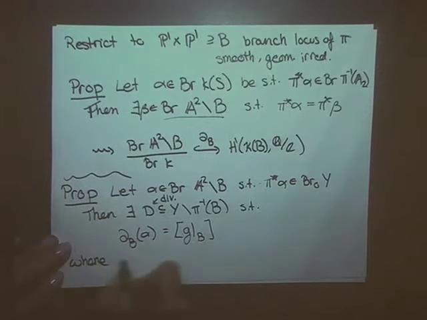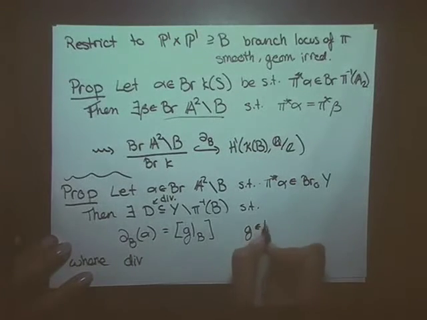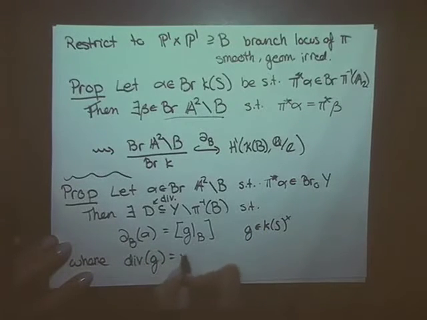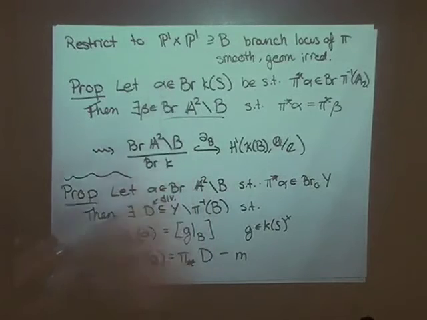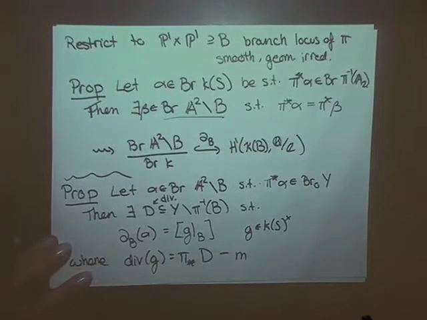So it's some function G on S such that the divisor of this is equal to the push forward of D minus, okay, well, G might not be principal on S, but the Picard group of P1 cross P1 is generated by P1 cross infinity and infinity cross P1.